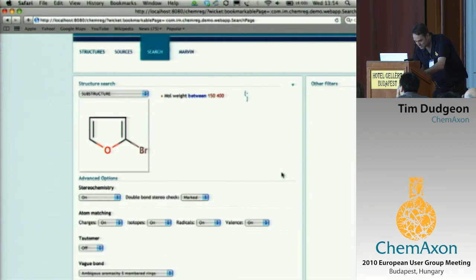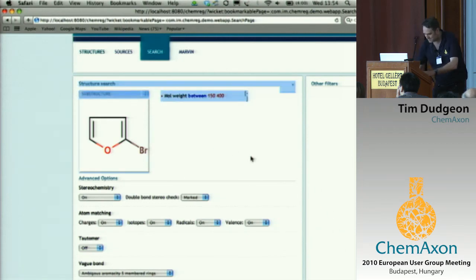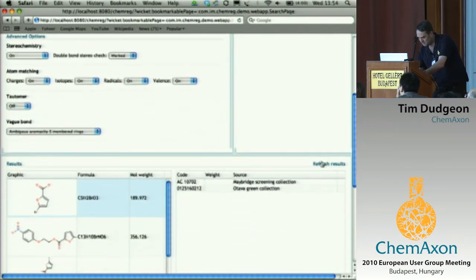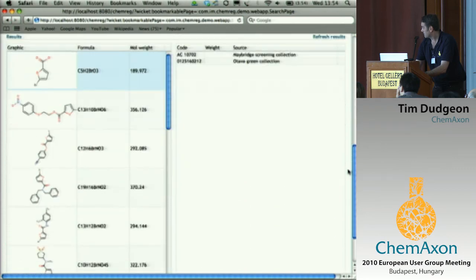It doesn't work on a small screen. Sorry, I've lost it. Yeah, I can execute the search, and okay, it's run.